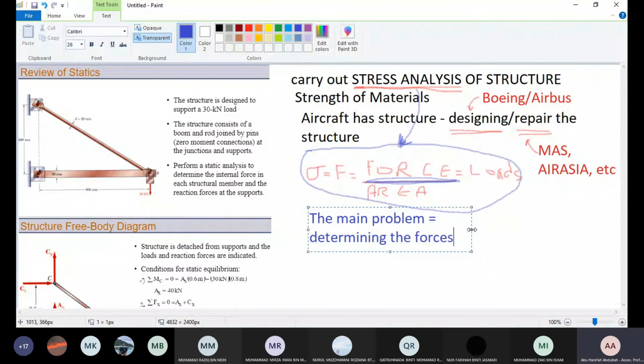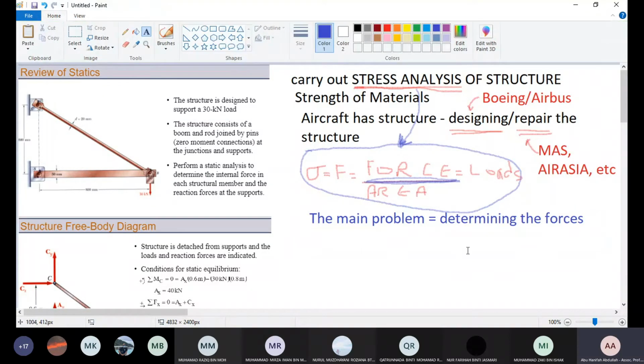So that is a very critical area. The most difficult part is to determine the force. Without the force, you will not be able to get the stress, because you have to have the force and you have to divide by the area where the force is acted, then you will get the stress. So it's very simple basically. You need to know the force, you need to know the area, you divide force over area, and then you got the stress.